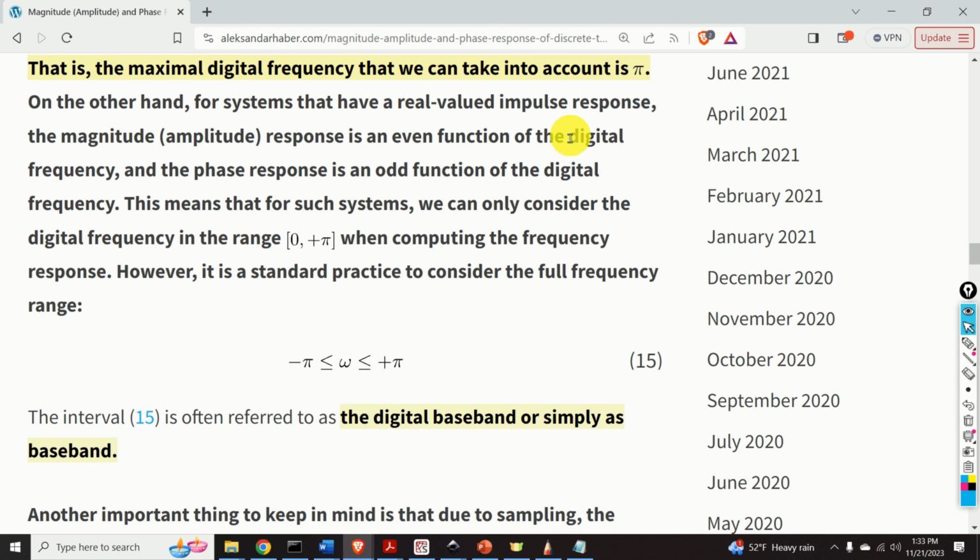And we know that the magnitude response is an even function. That is, we only consider the frequencies from 0 to plus pi and we just mirror them with respect to the vertical axis to obtain a symmetric magnitude response. For the phase response, we do the opposite. We take into account that the phase response function is an odd function. This interval is often referred to as the digital baseband or simply as baseband.